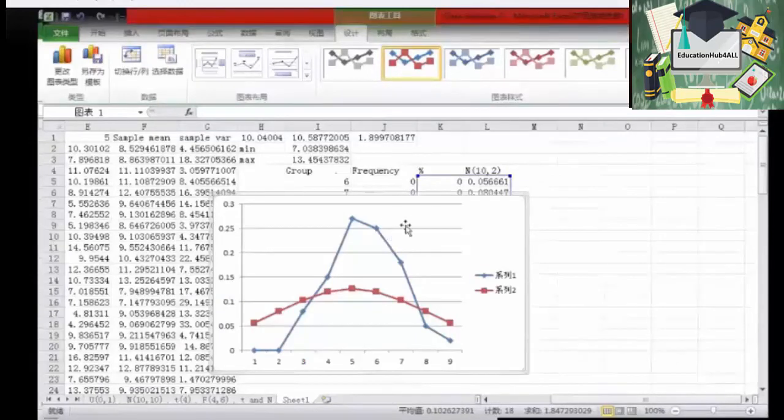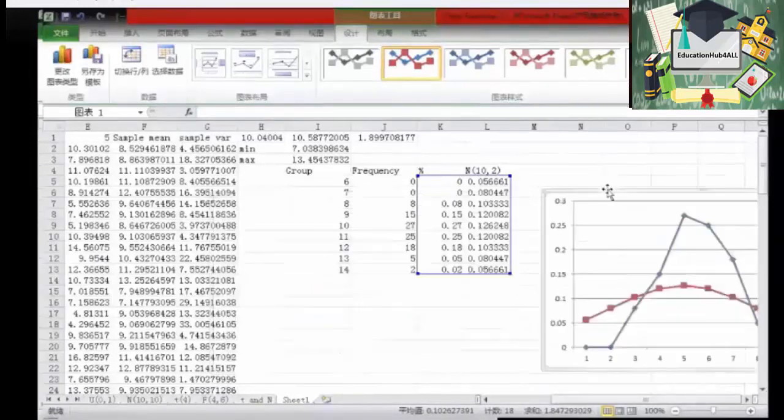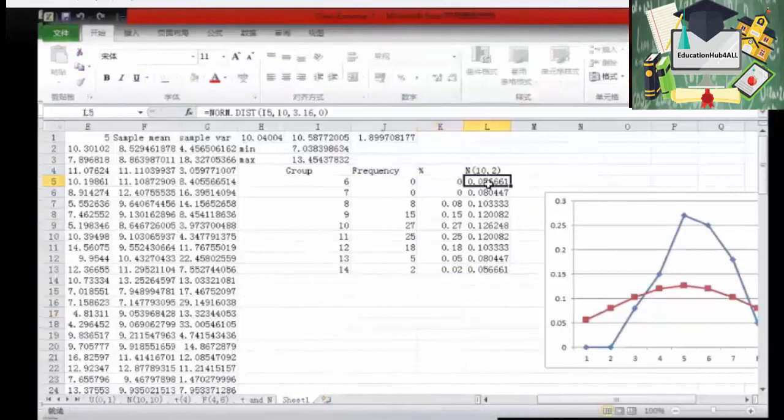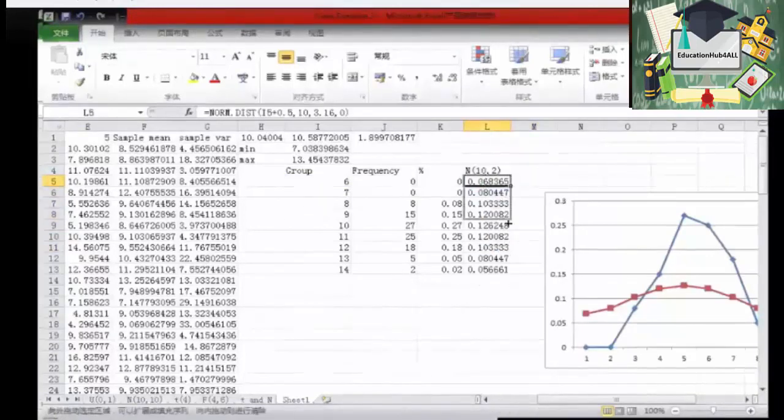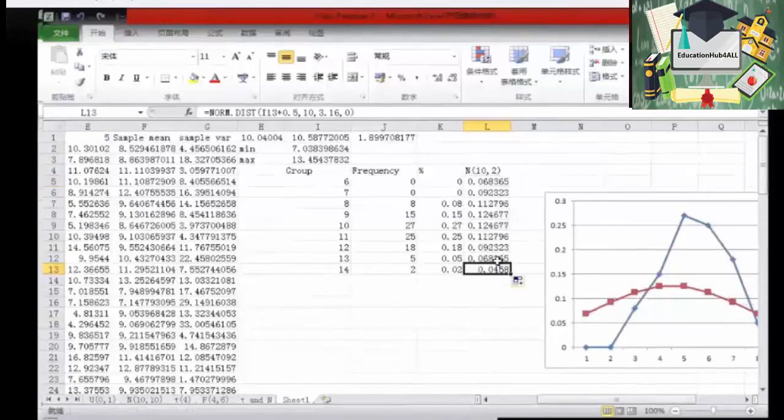Does it fit very well? If we increase 100 to 1,000, it should fit much better. There actually is another problem here. We should do some adjustment for this f value: we should plus half. After that, it will be much better.